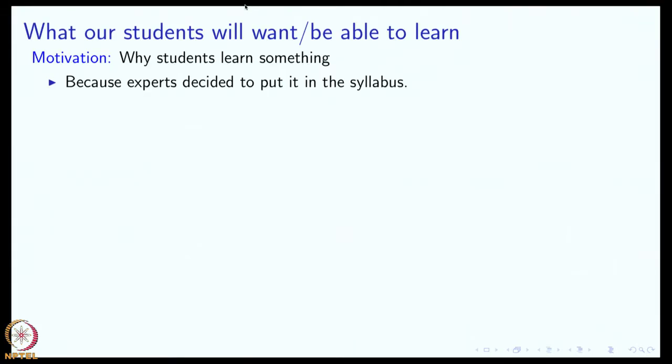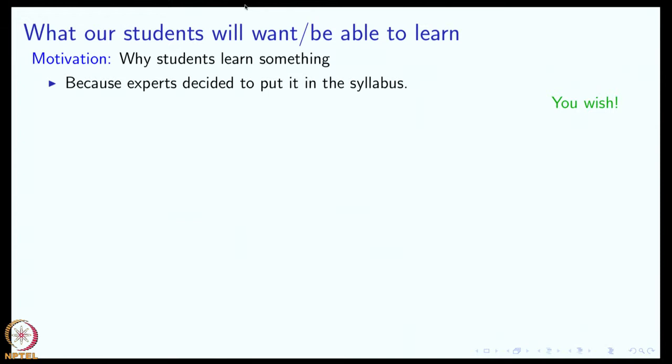First of all, we should ask, why do students learn something? Do they want to learn? What exactly happens in the classroom? One answer to this could be that experts decided to put it in the syllabus, therefore the teacher teaches it, and therefore the students learn it.